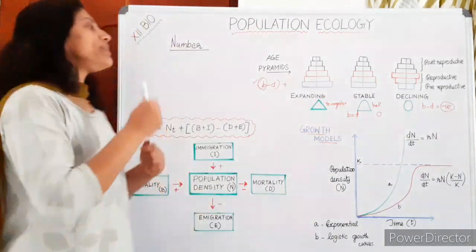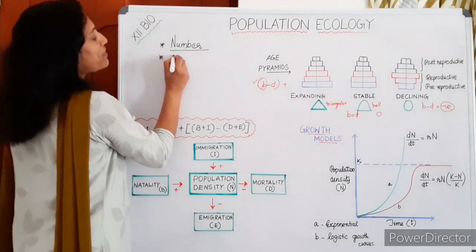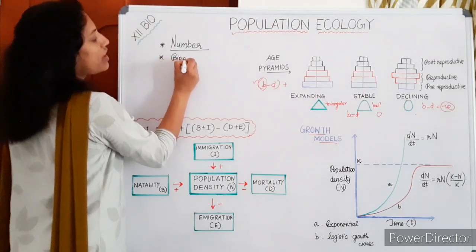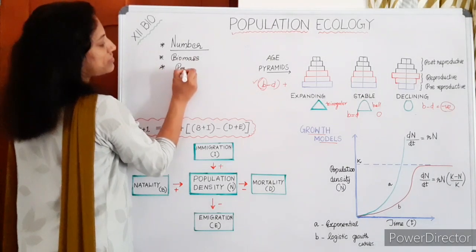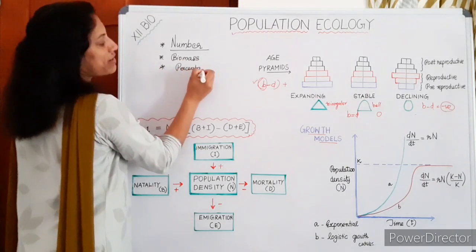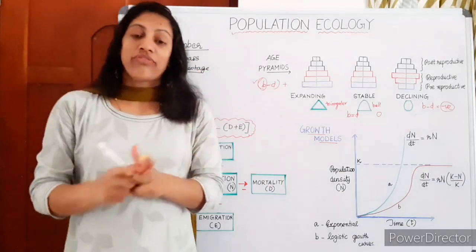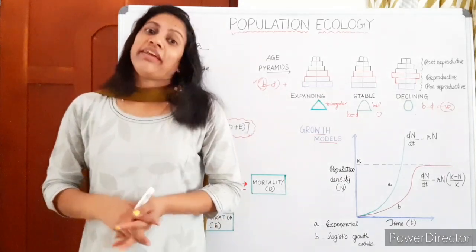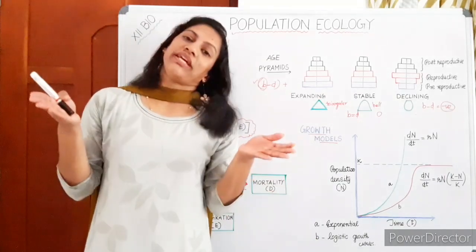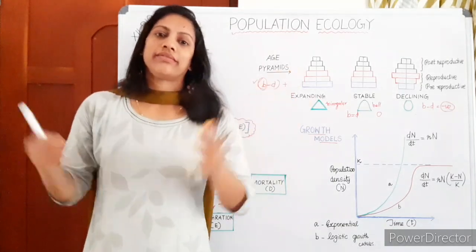The most commonly population density is measured in terms of number, and it can also be measured in terms of biomass or percentage cover. It is applicable when we discuss very big trees and small organisms, phytoplanktons and very big plants. And you know that the population size varies from a few to millions.